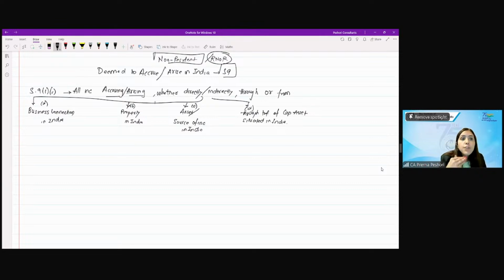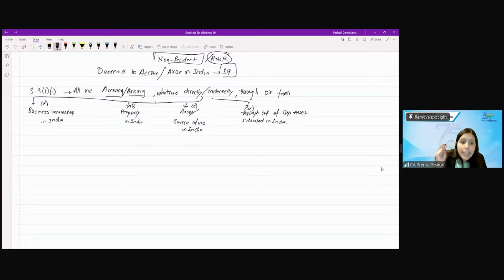Right? Because first you have to compute the income as per section 14, which is under the different heads of income. Because income is after the expenses only. It's not the gross receipts. Right? So it is not the gross receipts, it's gross receipts minus the expense. That is your income.